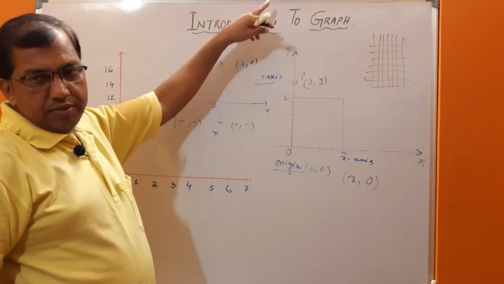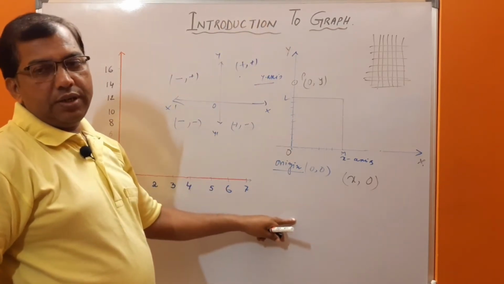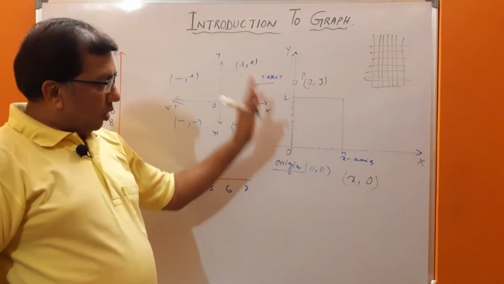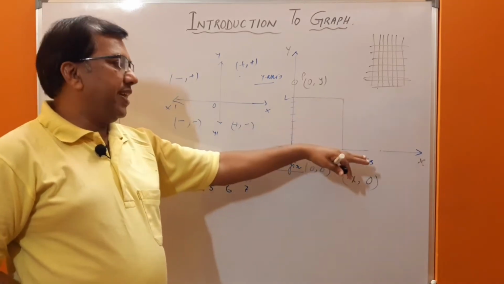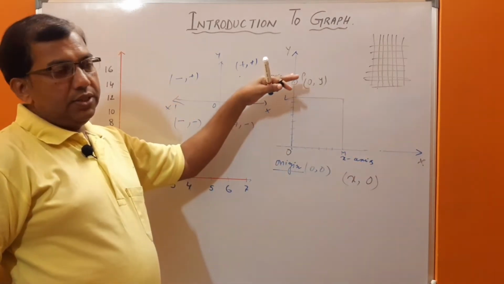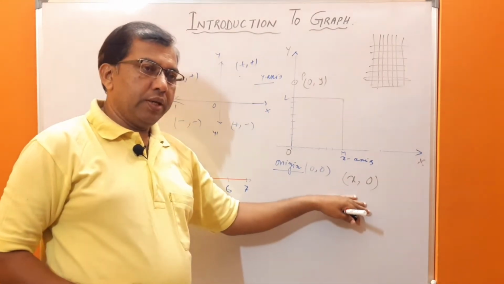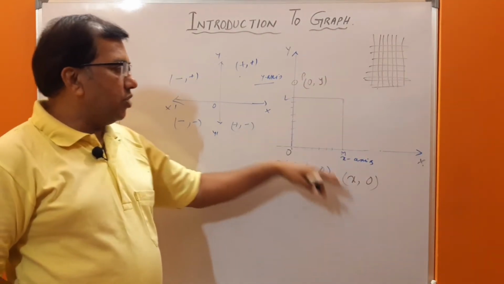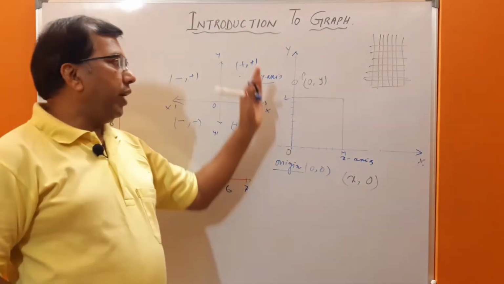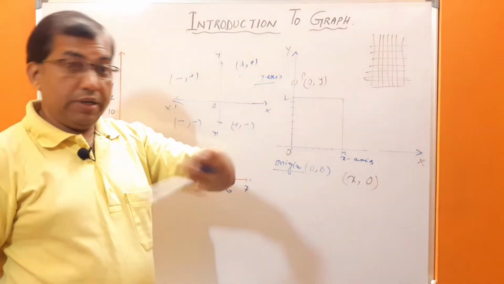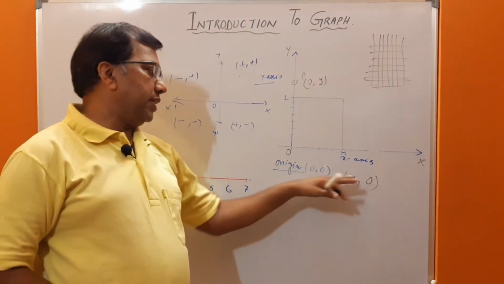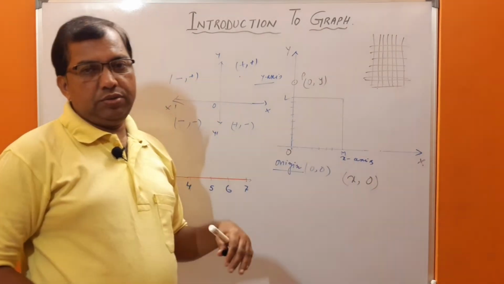If you go upward, positive, downward, negative. Clear? Be careful. Equation of x-axis, y equals to 0. Equation of y-axis, x equals to 0. Very important. What will be the equation of x-axis? That means y equals to 0.